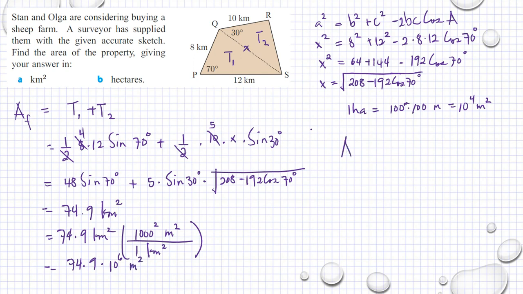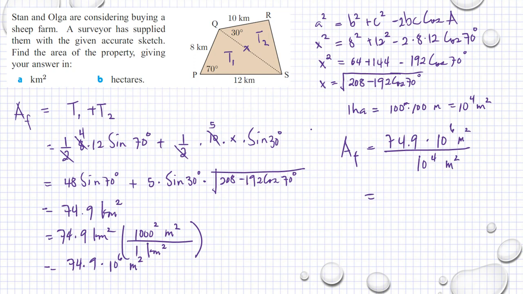So now the area of the farm is 74.9 multiplied by 10 raised to 6 square meter divided by 10 raised to 4 square meter. Then we have our hectare.